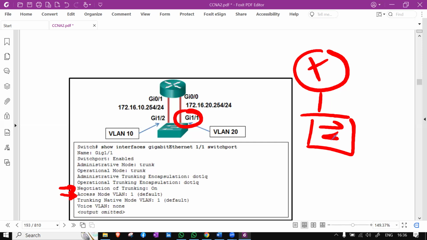What is a trunk? It's a simple question. It's not a trick question. What is a trunk? Access. What does that mean? Trunk. What does that mean? Okay, access is a single VLAN.